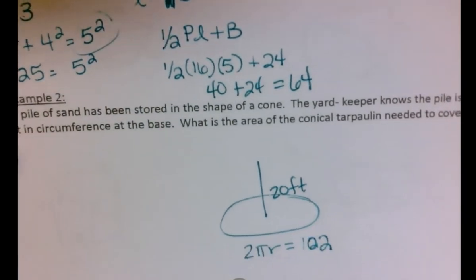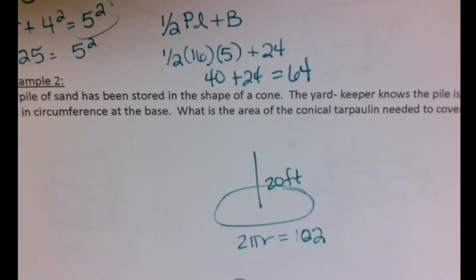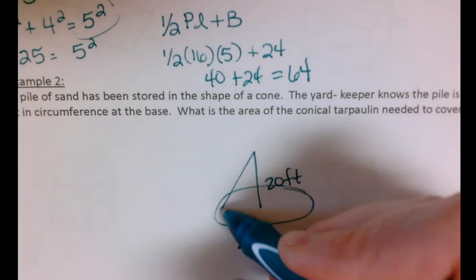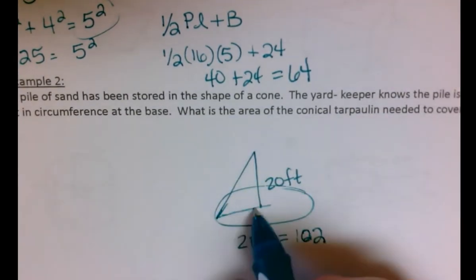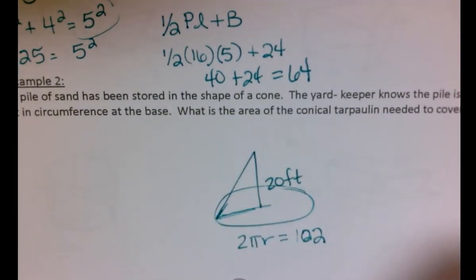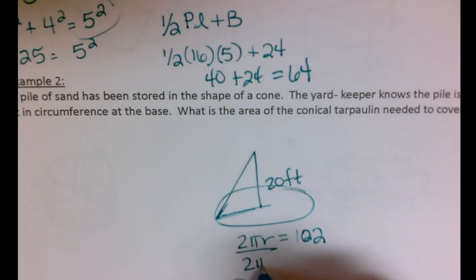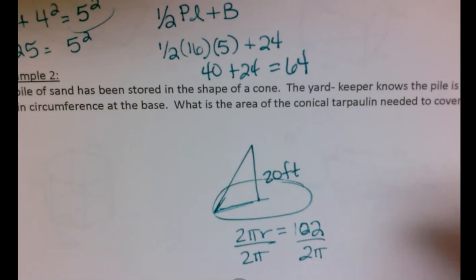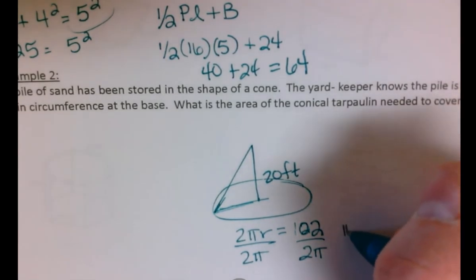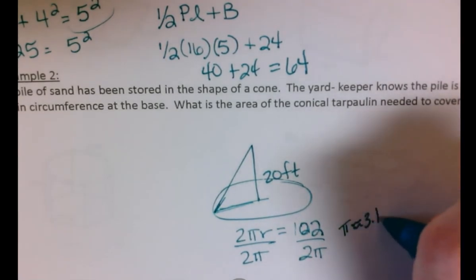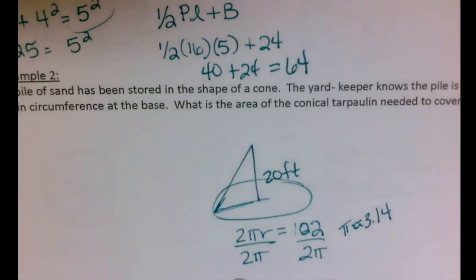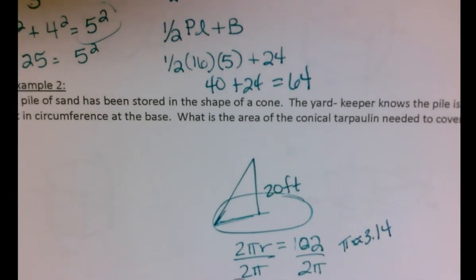I'm missing a slant height and I need a radius. So if I divide by 2 pi, and I'm going to use pi as 3.14 because this is a word problem.